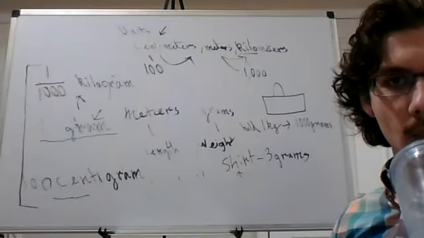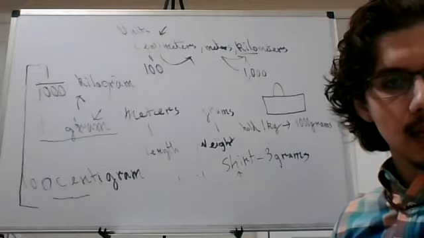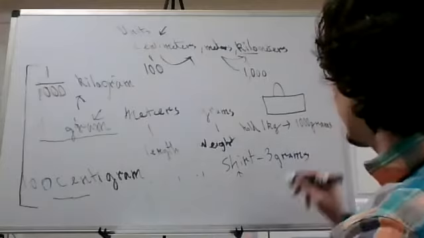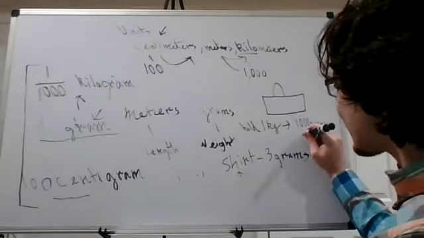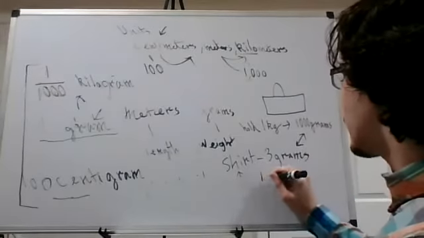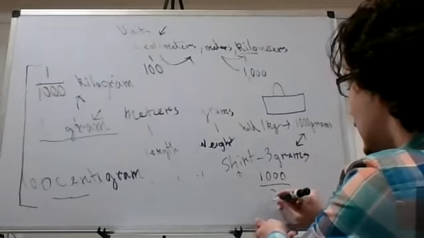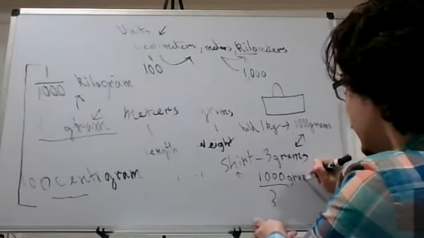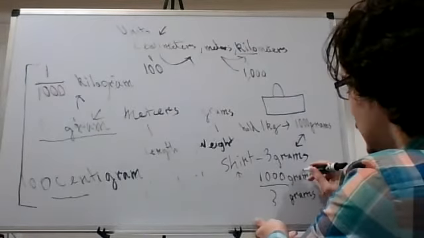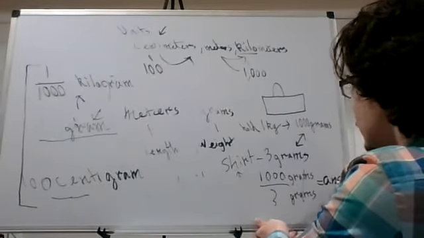Yes. So because we have equal units of grams and grams, we could solve this problem by saying 1,000 grams divided by 3 grams is our answer.